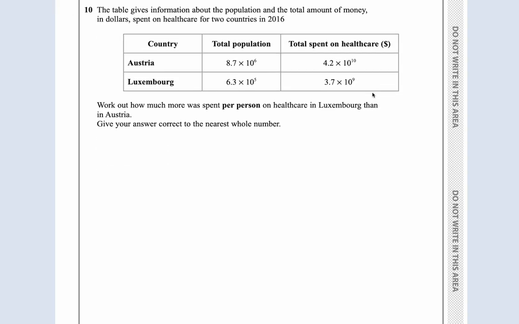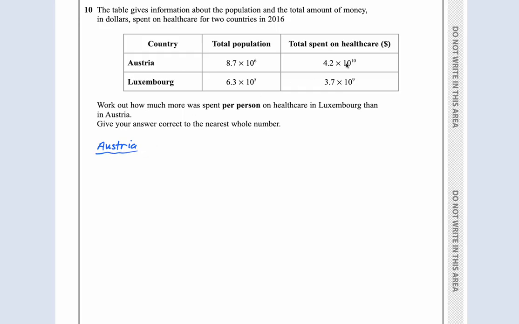Okay, question 10. A table gives information about the population and the total amount of money in dollars spent on healthcare for two countries, Austria and Luxembourg. Work out how much more was spent per person on healthcare in Luxembourg than in Austria. How much more per person? Okay, so let's do Austria.